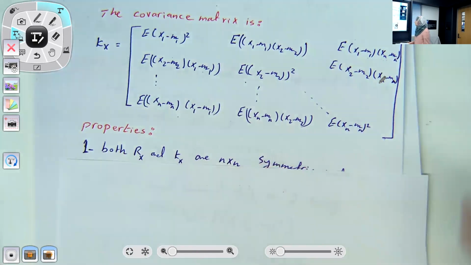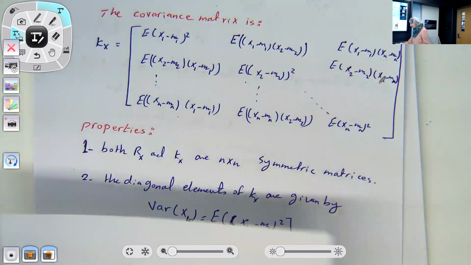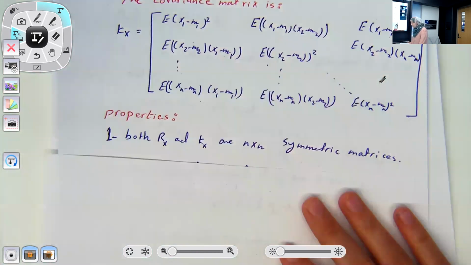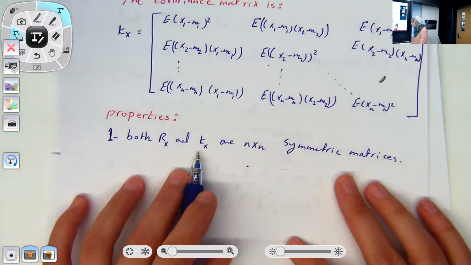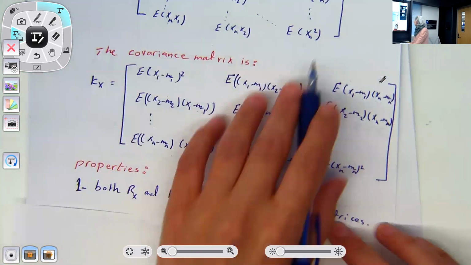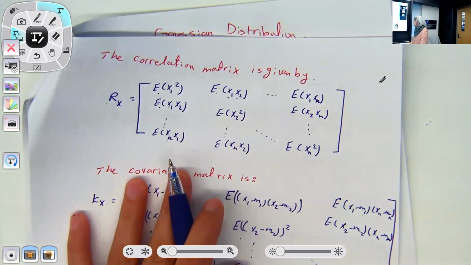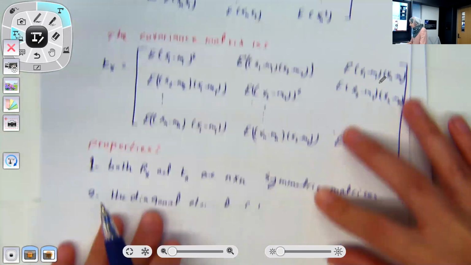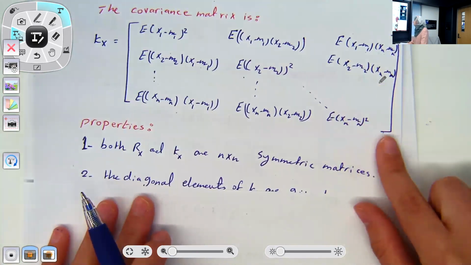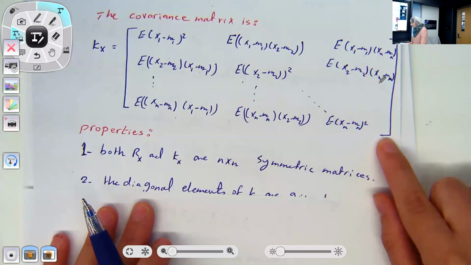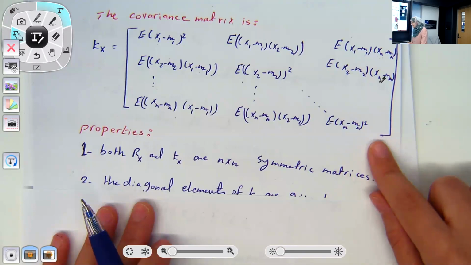Okay, there are some different properties for these two matrices, the correlation matrix and the covariance matrix. If you look here, both matrices are n by n matrices. The dimension for this matrix is n by n, and the dimension for the covariance matrix is also n by n. And both matrices are symmetric.